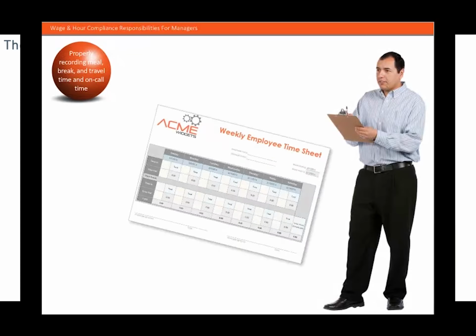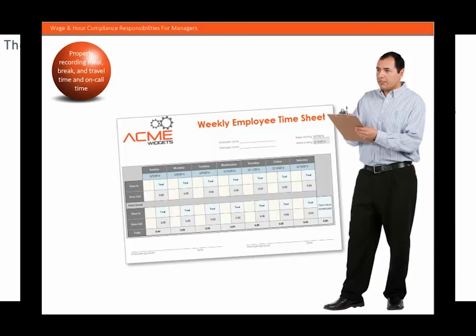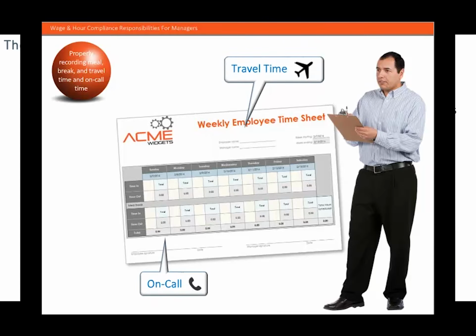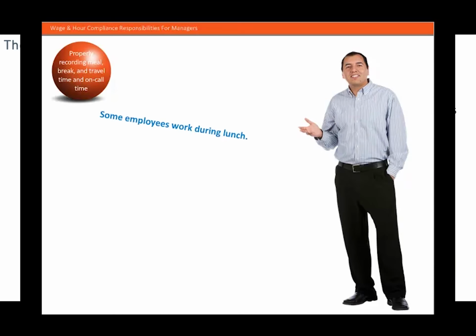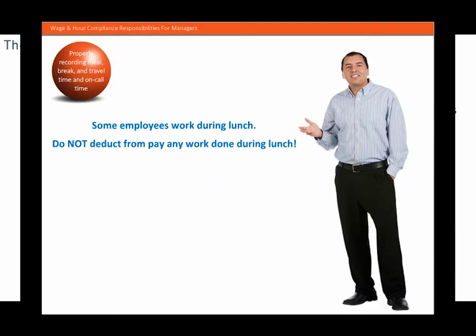As a manager, you are responsible for ensuring that all hours worked are recorded accurately, including time spent on travel, time spent being on call, and time where an employee works during lunch. Now, meal breaks usually mean that no work is being done, but as a time approver, you cannot assume that this is always true. Supervisors may be tempted to code an automatic pay deduction for meal breaks.